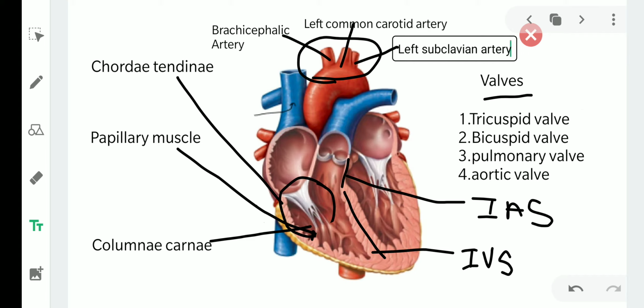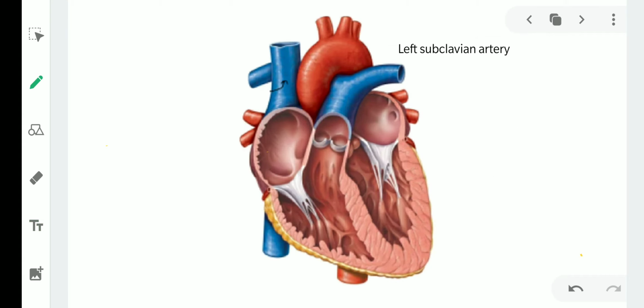Next, now take a look at the electrical conductivity of the heart. We know the heart is myogenic, and for the electrical conductivity we have to know the tissues present. Here we have a node-like structure known as the SA node or the sinoatrial node.